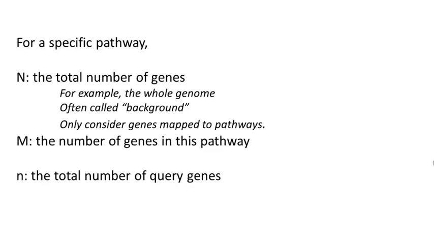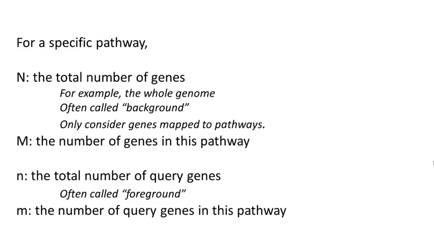Let small n be the total number of query genes. They are often called the foreground. Some of these query genes will fall into this particular pathway. Let small m be the number of query genes that fall in this particular pathway.